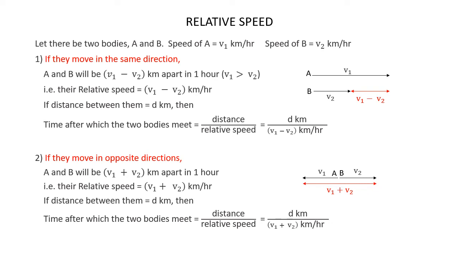So, when two bodies move in the same direction, the time after which the two bodies meet is d kilometers divided by v1 minus v2 kilometers per hour. If the two bodies are moving in opposite directions, then the time after which the two bodies meet is equal to d kilometers divided by v1 plus v2 kilometers per hour.